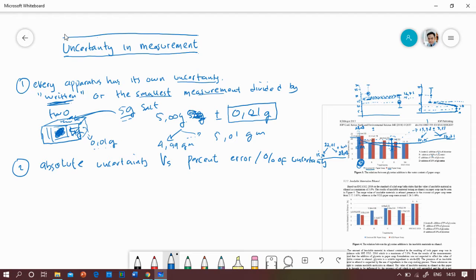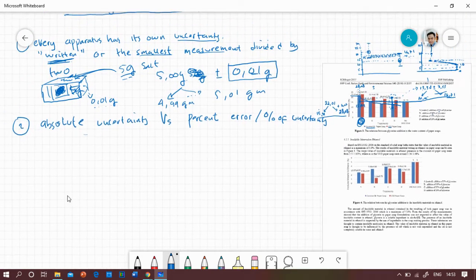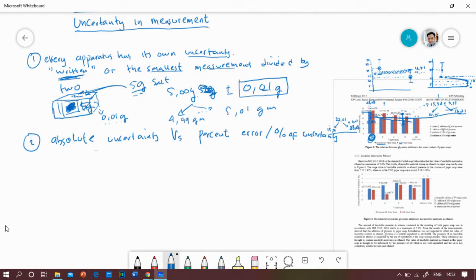Now, let's take a look at the second point. It says here absolute uncertainty versus the percentage of error. Actually, not percentage of error; it's just percentage of uncertainty.